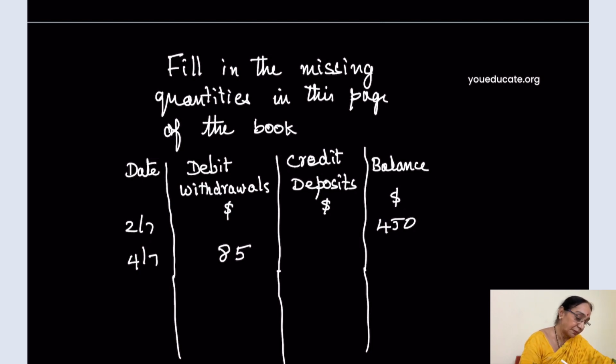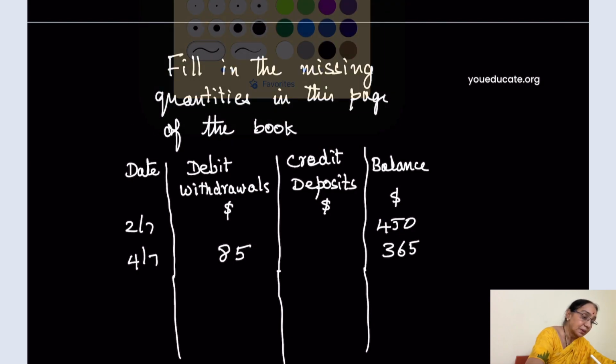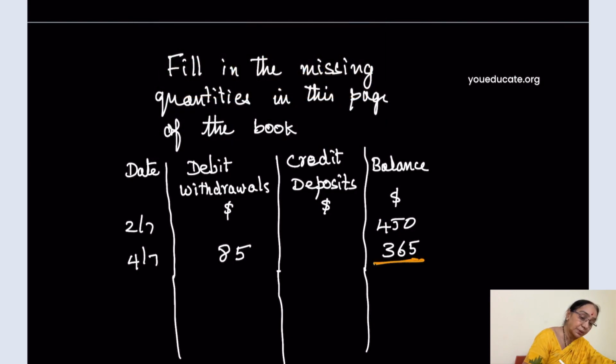So somebody has withdrawn from your account $85. You have given permission to withdraw. So what would be your balance? You will subtract 450 minus 85. So what would be this answer here? 450 minus 85, 365. So this was the first blank that you need to fill up.